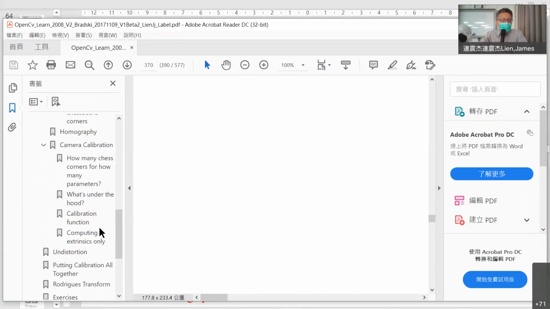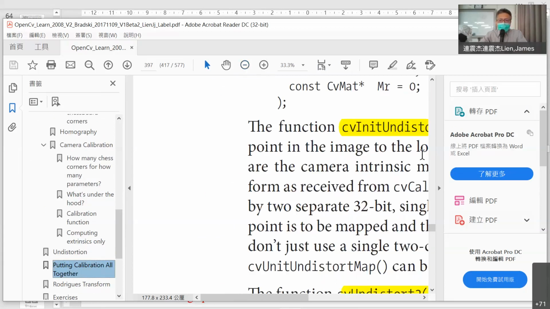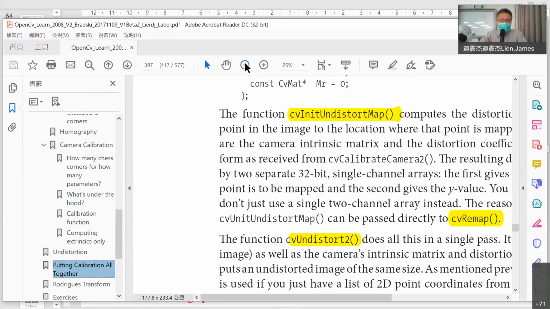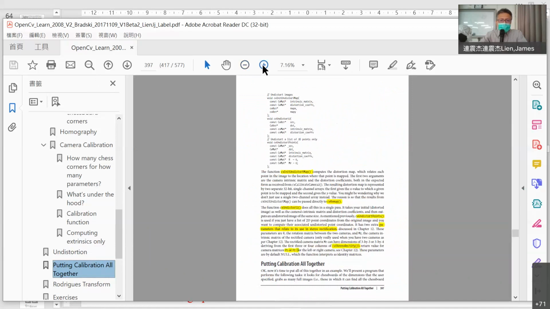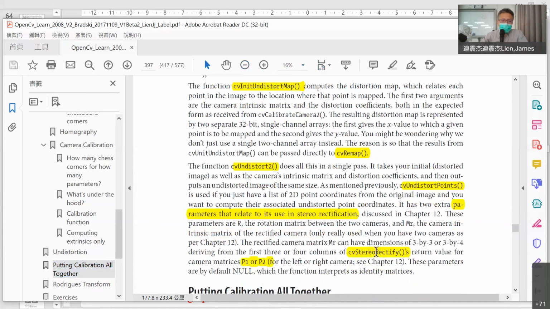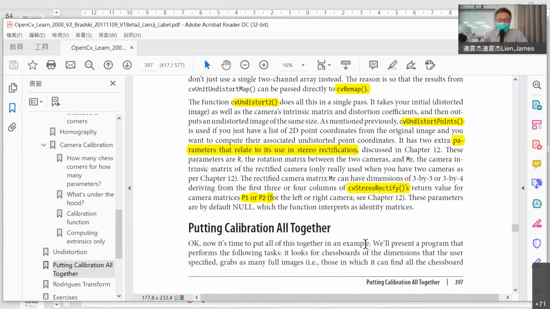For the first homework, question one, put the answers here, putting calibration all together.